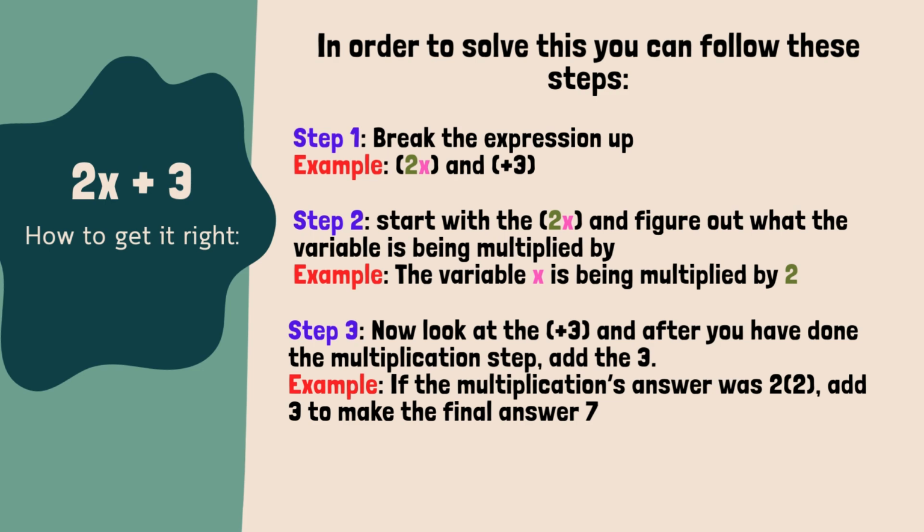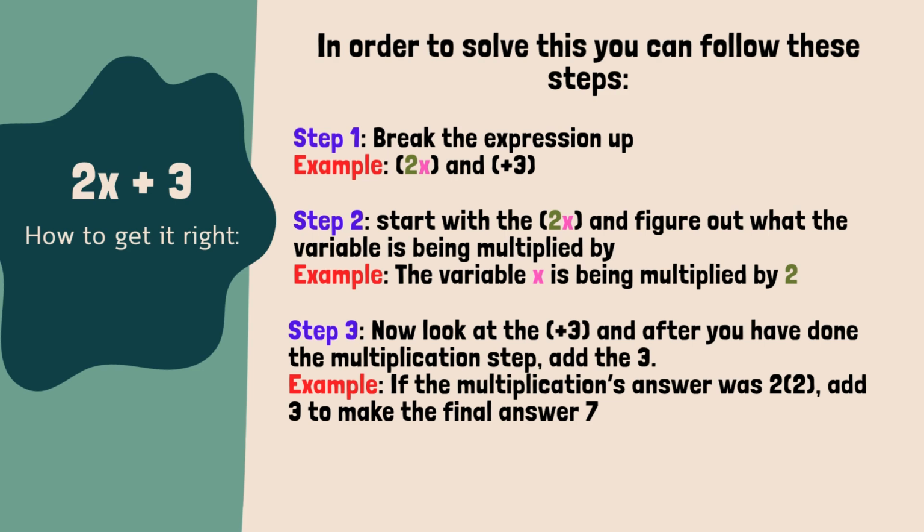In step 2, you start with the 2x and you figure out what the variable is being multiplied by. As I said just now, in 2x, the 2 is being multiplied to that x by a hiding or invisible multiplication sign, meaning that those two are connected to each other.